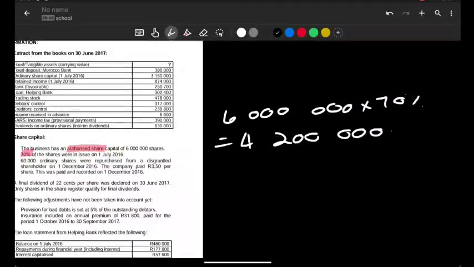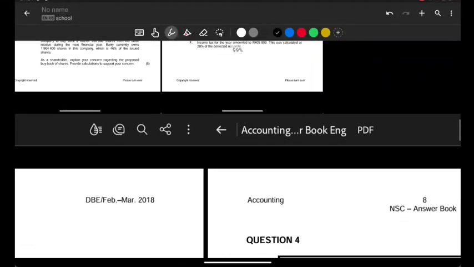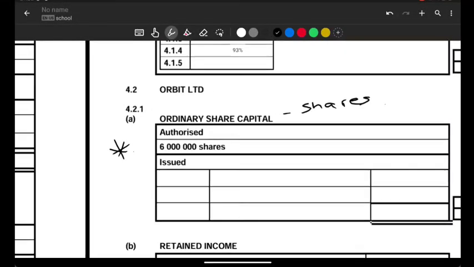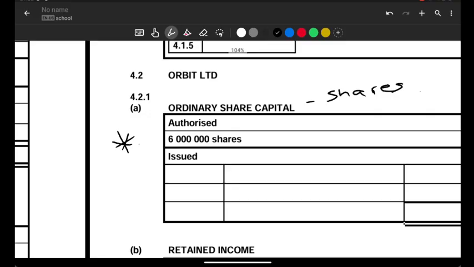So that there is the amount of shares that we have in issue. So we have issued 4,200,000 shares, right? And then here you can just say balance on the specific date. I'm just going to say balance at beginning, to make things easier for myself.